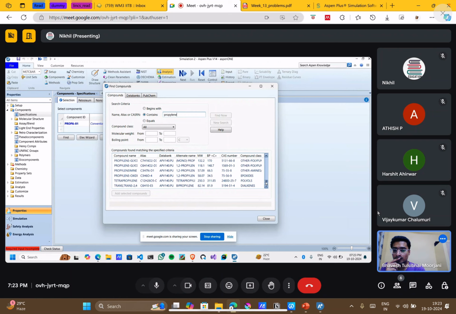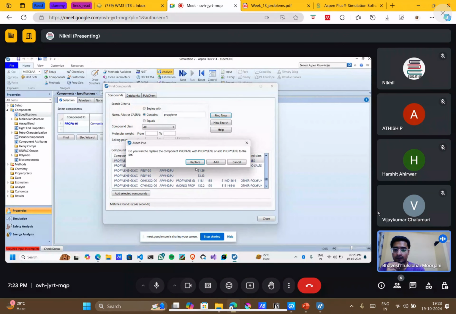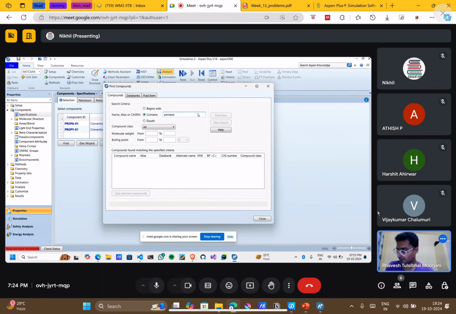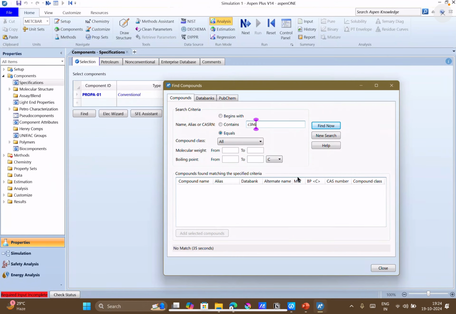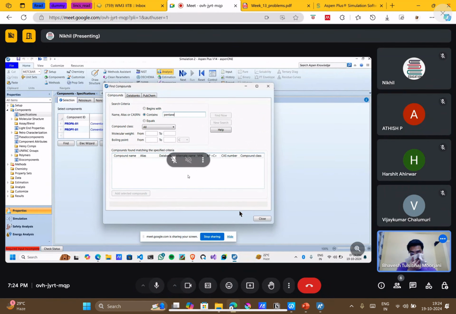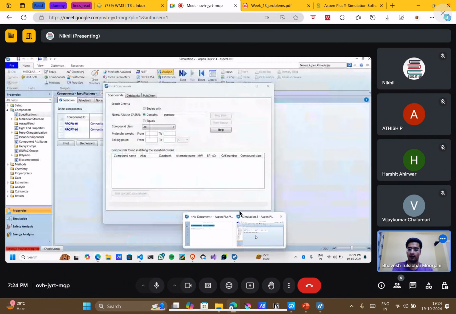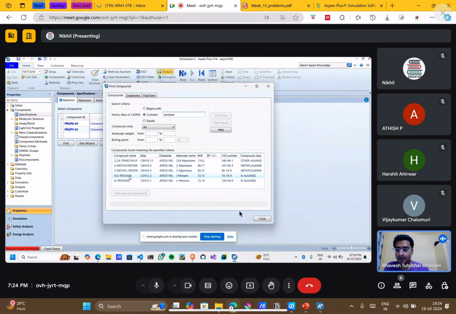See, propylene. Add it. And then the last compound is, sorry, not propane, pentane. My mistake. Normal pentane. Add it.